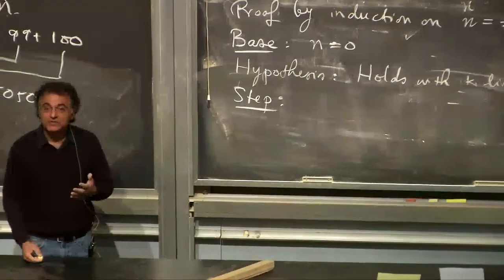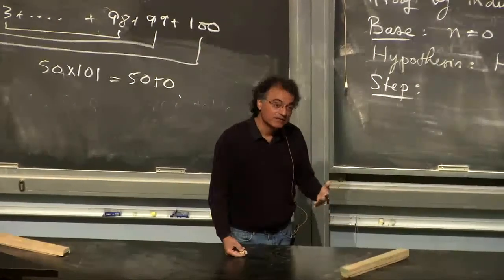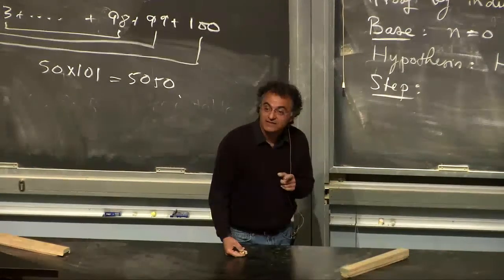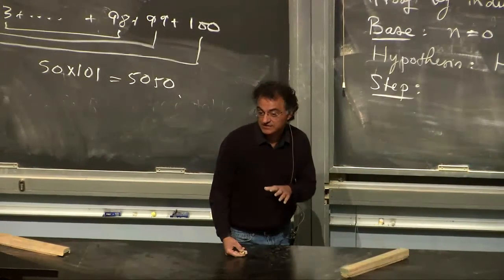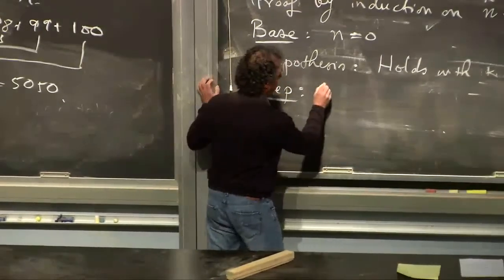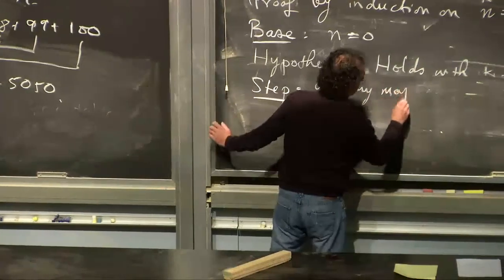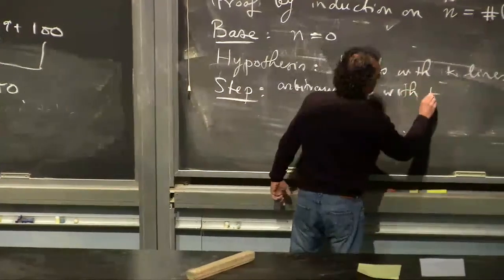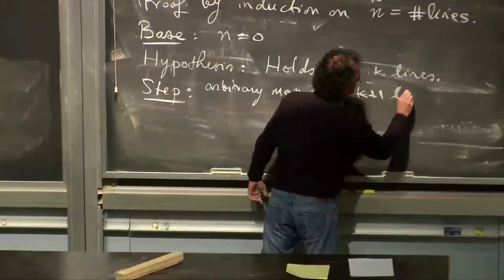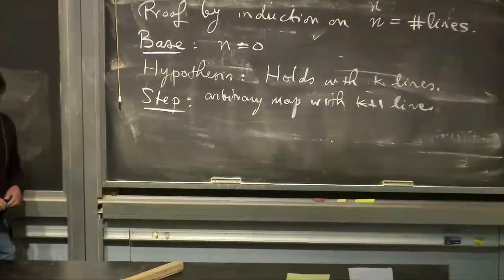Now we have to show that if you're given an arbitrary map with k plus 1 lines, then we can two-color it. Color it with two colors. So we start with an arbitrary map with k plus 1 lines, and we want to show it's all going to work out.